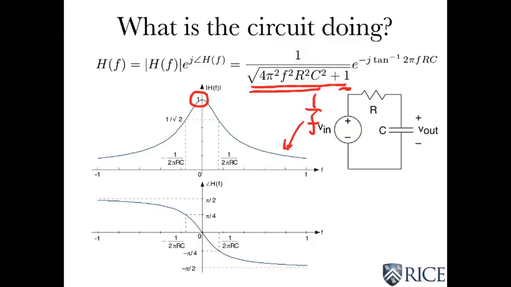And in between, it's a nice smooth curve, getting between those two extremes of a constant and behaving like 1 over f. The phase is simply an arctangent function with a minus sign. So this is the arctangent function, very simple. It's heading toward minus pi over 2 as frequency gets big, and it's 0 at the origin.